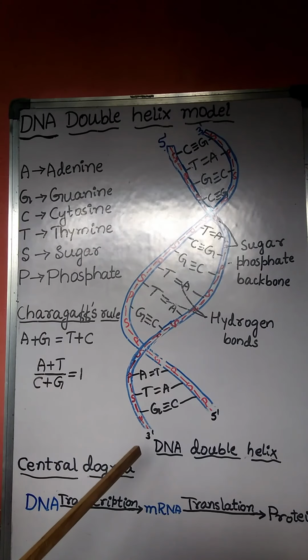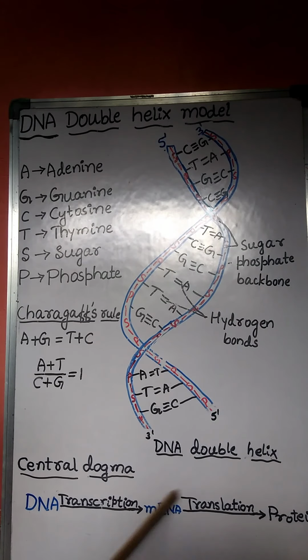Francis Crick proposed the central dogma of molecular biology, which states that genetic information always flows from DNA to mRNA and from mRNA to protein unidirectionally.